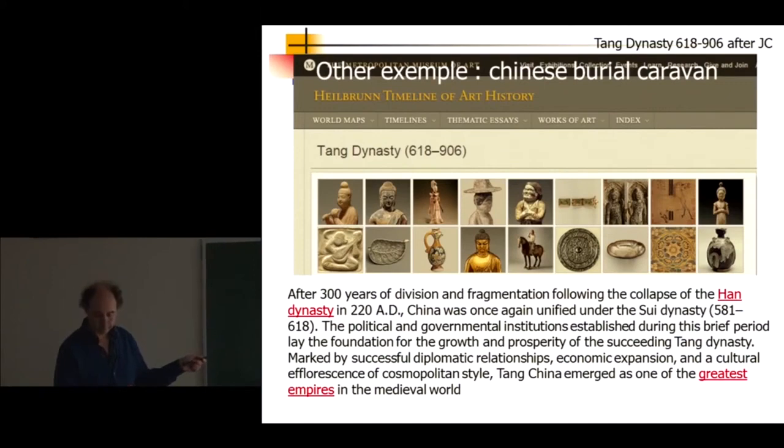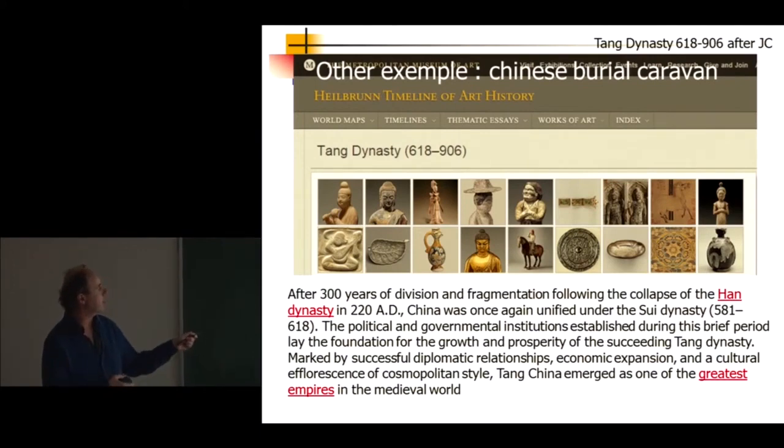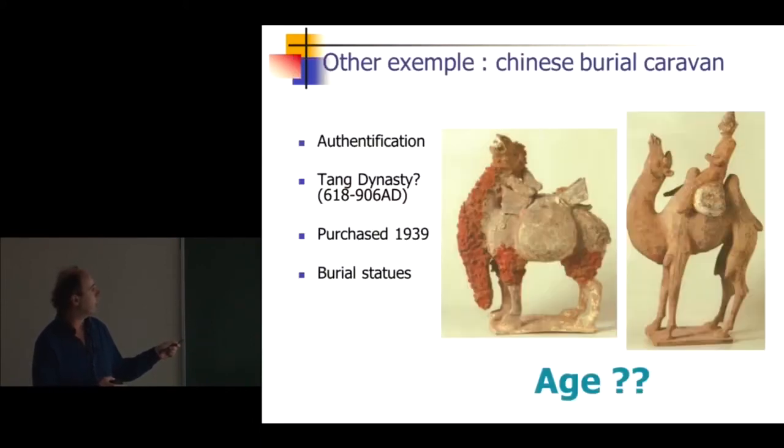Another example, a Chinese burial caravan belonging to the Tang dynasty. And again, it was important to know if it's a real one or a false one. So this is an example of these two. So are they belonging to the Tang dynasty?